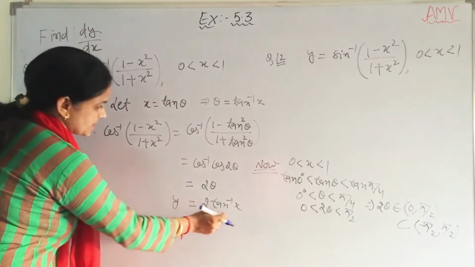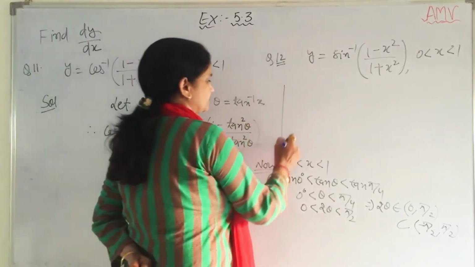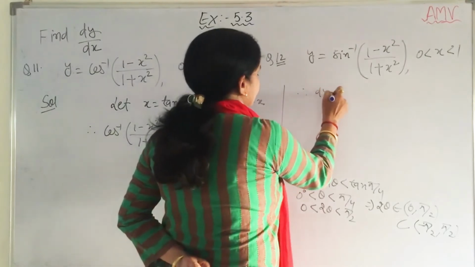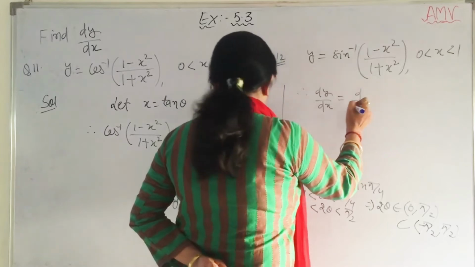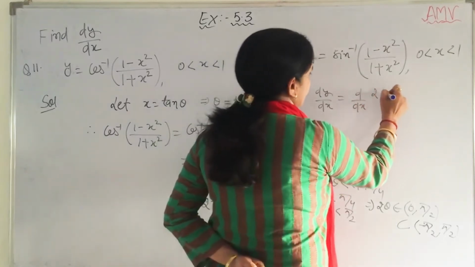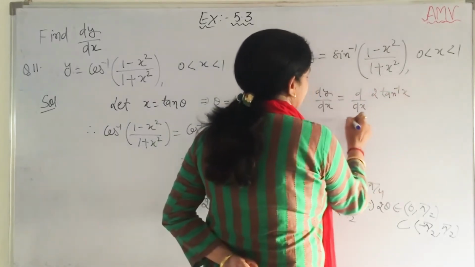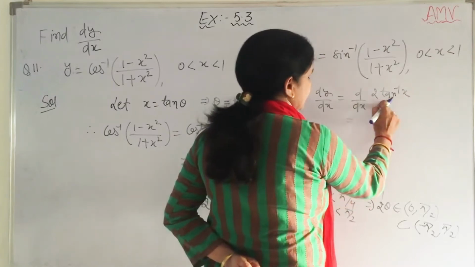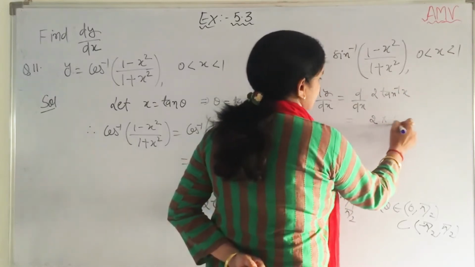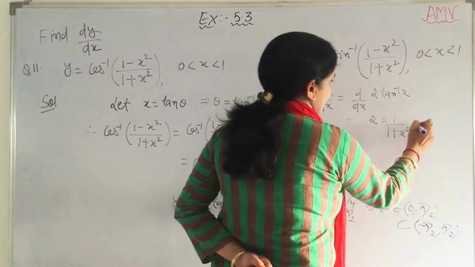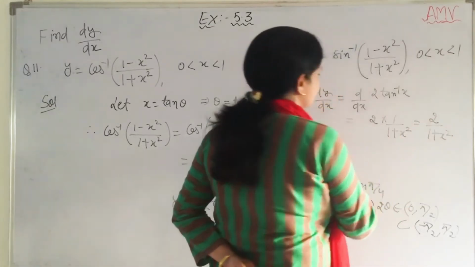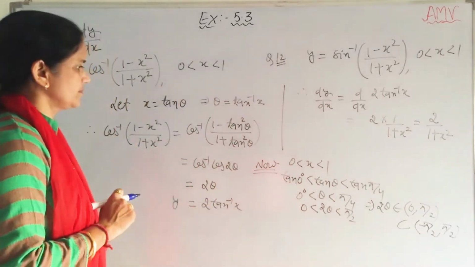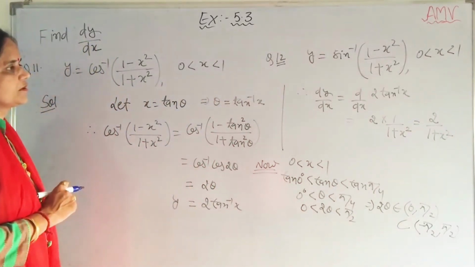So y is equal to this. So dy upon dx is d by dx of 2 tan inverse x. Write 2 as it is, and derivative of tan inverse x is 1 by 1 plus x square. So it is the answer. Write in your notebook.